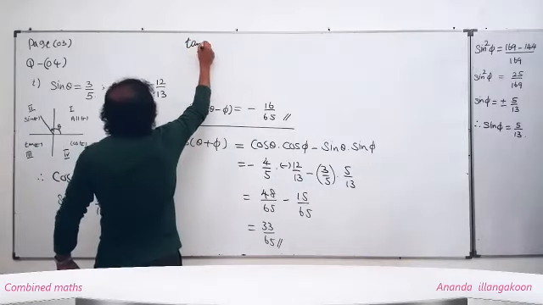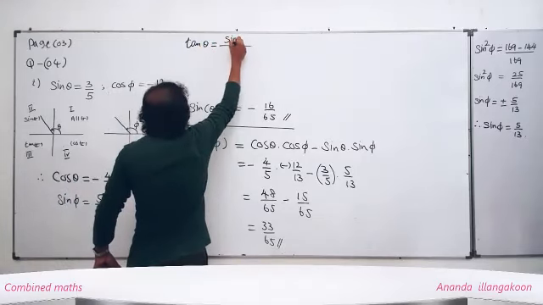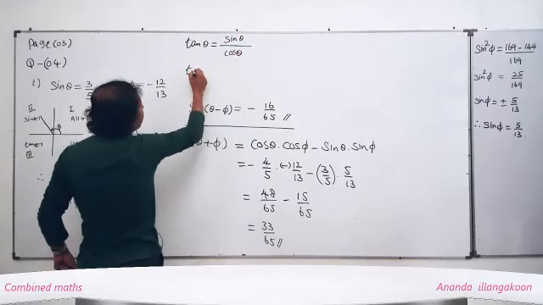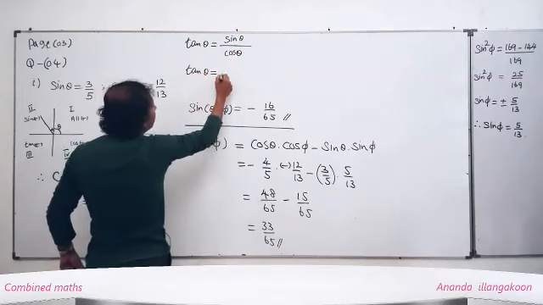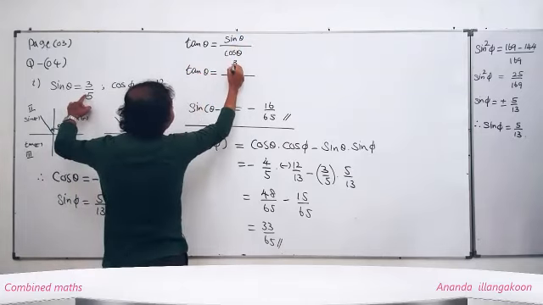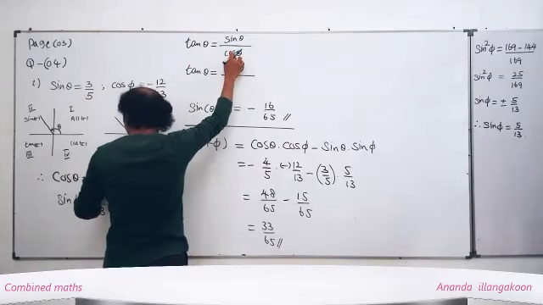We know tan theta we can write as sin theta divided by cos theta. Sin theta is 3 by 5, cos theta is minus 4 by 5.